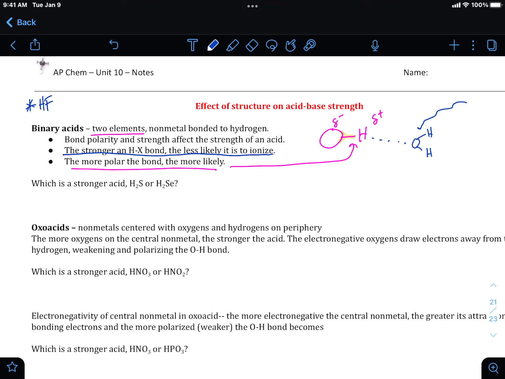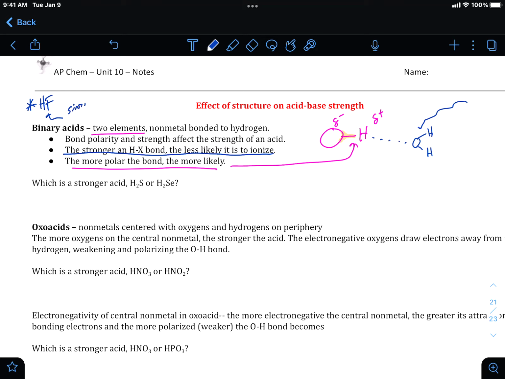So, what do you know about fluorine? Just spout out anything you know about fluorine. Very electronegative, yes. What about its size? Oh, very small. So when it's very small, the electrons involved in the bond get closer to the fluorine nucleus, more so than chlorine, bromine, iodine.